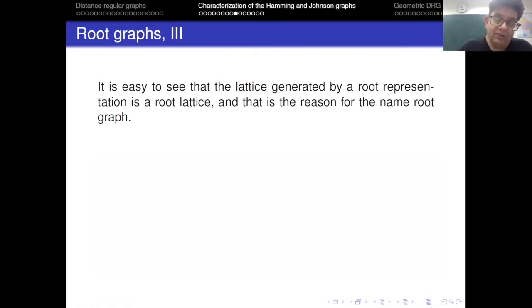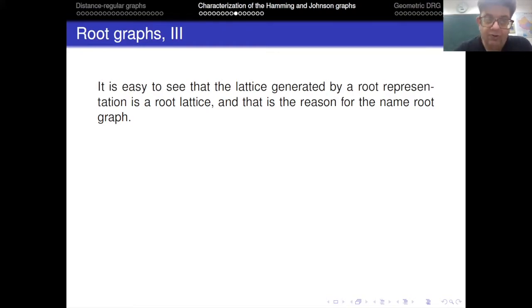The reason why it's called a root graph is that if you take a root representation, look at tau x minus tau y for every x and y, and take integral linear combinations of these vectors, that gives you a lattice, and this lattice must always be a root lattice.